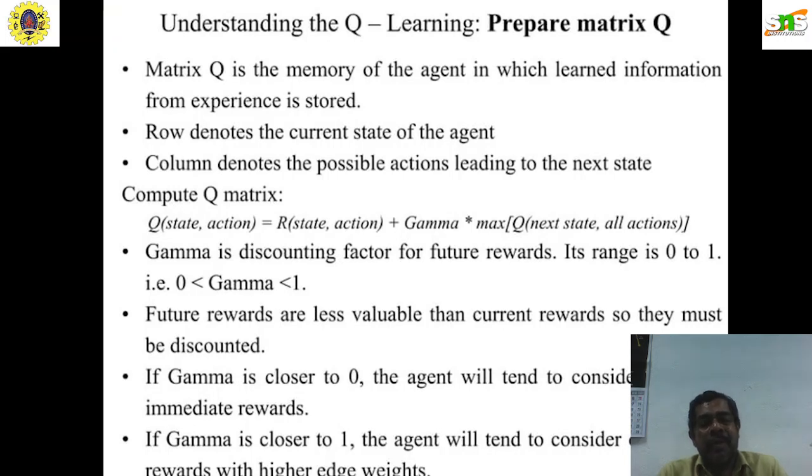Future rewards are discounted by the value of gamma. If gamma is close to 0, the model considers the immediate reward. If the gamma value is closer to 1, the agent should consider future rewards with higher weights.